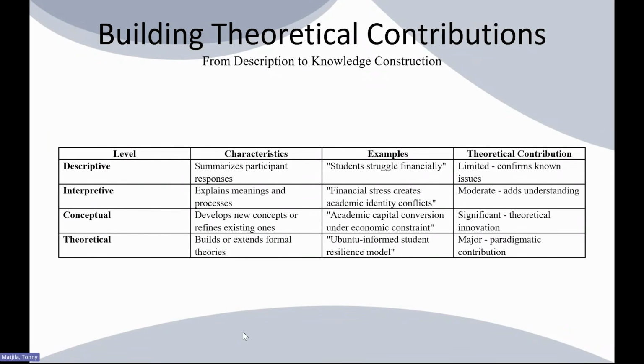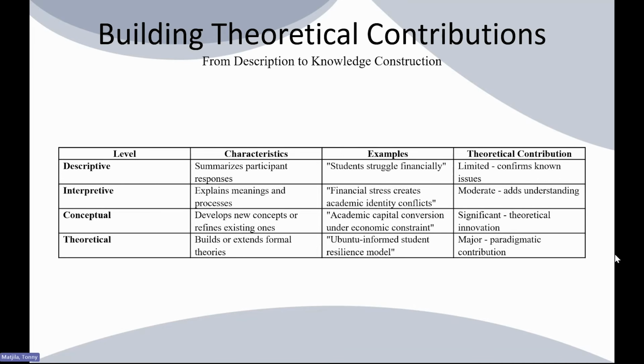These are some notes on building theoretical contribution. So here I'm talking about the level of your analysis. So analyzing descriptively simply reports on what the participants have said. In honors, I think you can get away with it, but at this level, I think it's valuable. Yes, it's important, it's valuable, but I don't think it's sufficient for the standard that you are in.